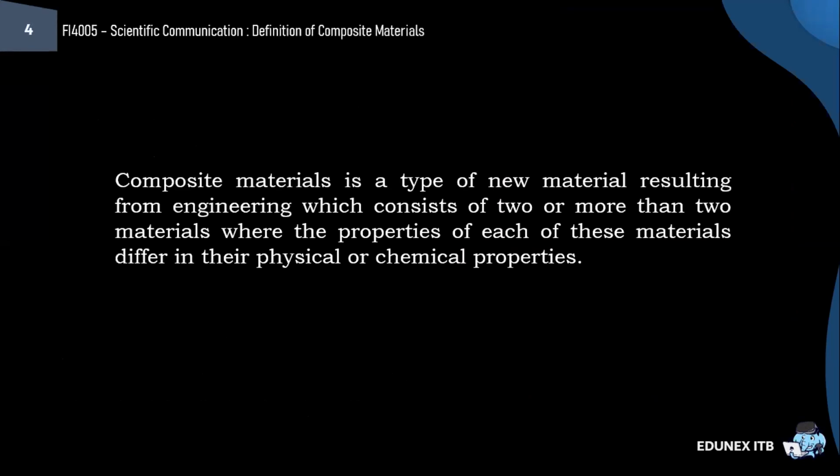The definition of composite material is a type of new material resulting from engineering, which consists of two or more materials where the properties of each material differ in their physical or chemical properties.